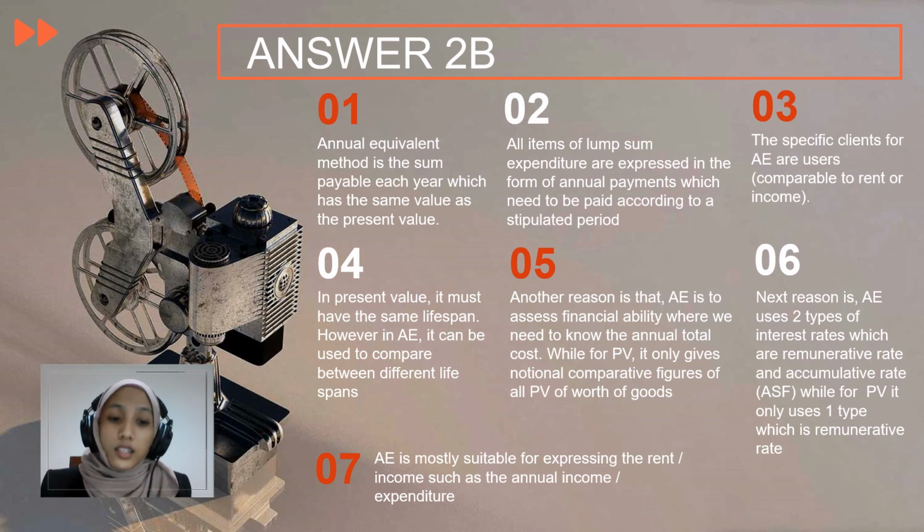Next reason is annual equivalent uses two types of interest rate, which are remunerative rate and accumulative rate, while present value only uses one type of interest rate, which is remunerative rate. Annual equivalent is mostly suitable for expressing the rent or income, such as the annual expenditure as the net income.